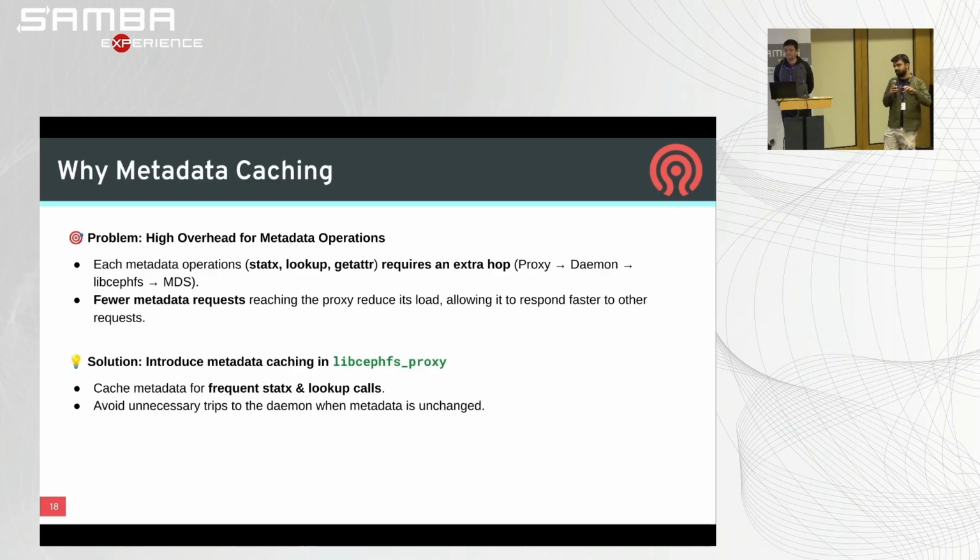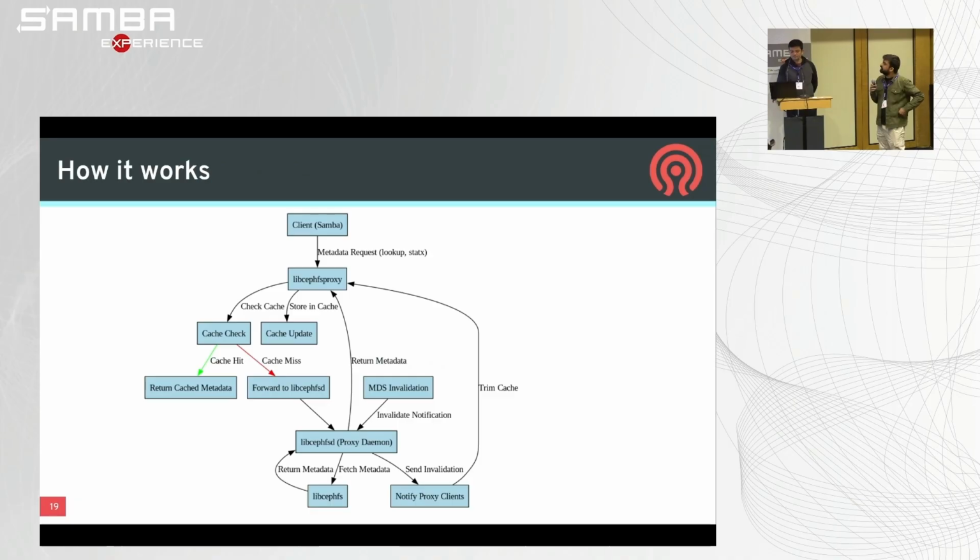In that case, we don't have to do the extra hop to the proxy daemon. And that will of course reduce those frequent stat and lookup calls, which will help us improve the performance. So next slide. And yeah, this is overall how this works. Given a Samba client makes a metadata request, it goes to the proxy.